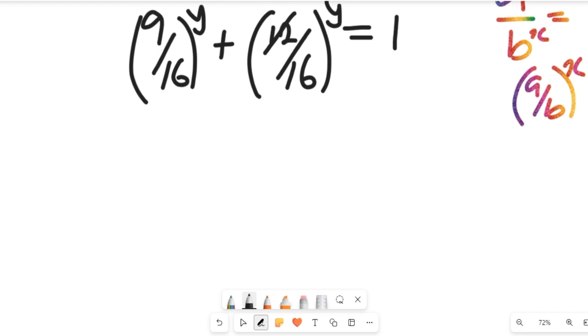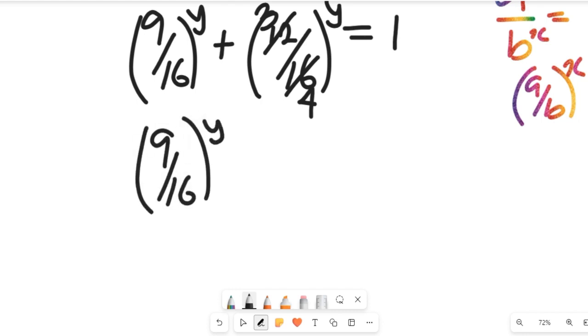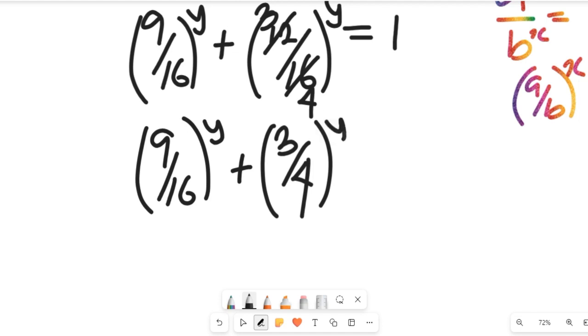Now from that expression, 12 can divide by 4 to give us 3, and 16 can divide by 4 to give us 4. So we are going to have 9 divided by 16 all to the power of y plus 3 divided by 4 all to the power of y equal to 1.